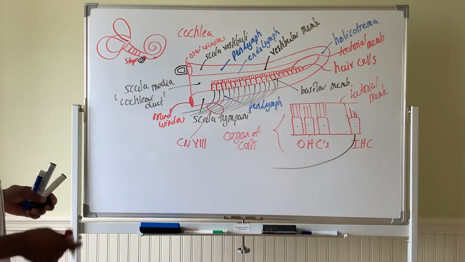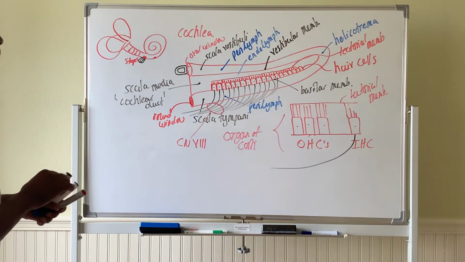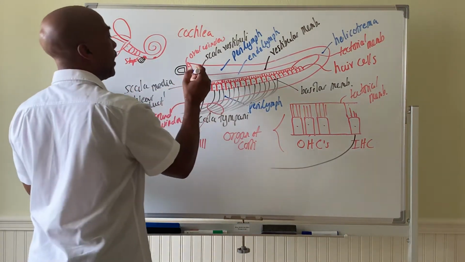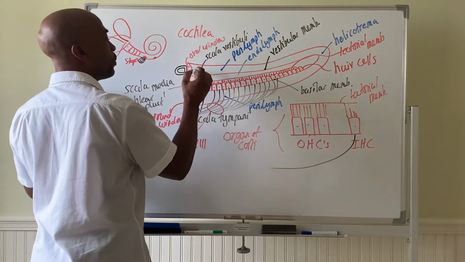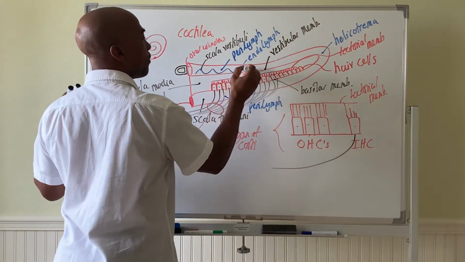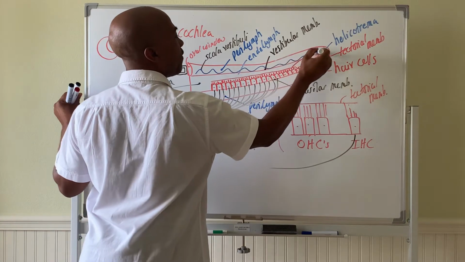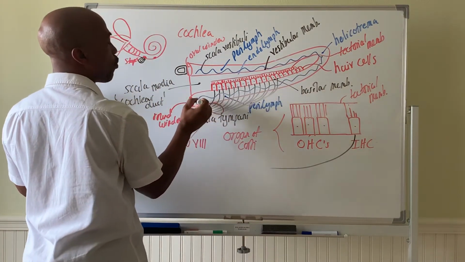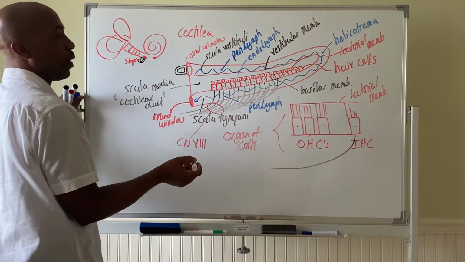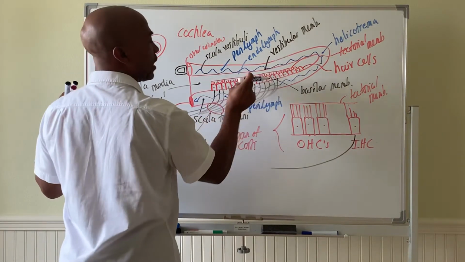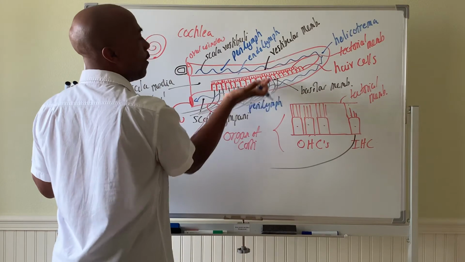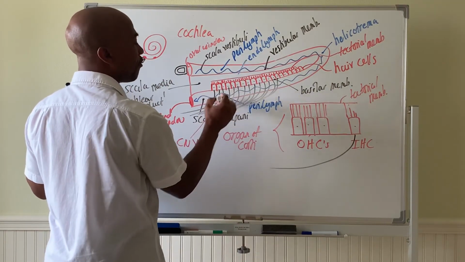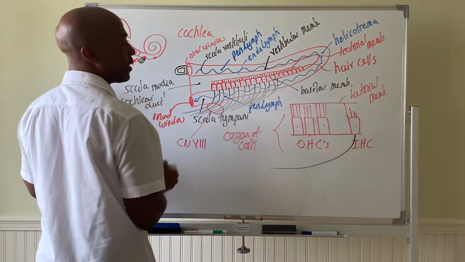All right, so imagine this: when sound vibrates, the stapes pulls on the oval window, which sends vibration through the perilymph. That vibration will dissipate once it hits the round window. But along the way, it will also vibrate the basilar membrane, which in turn vibrates the organ of Corti, causing the hair cells to fire and send messages to the brain.